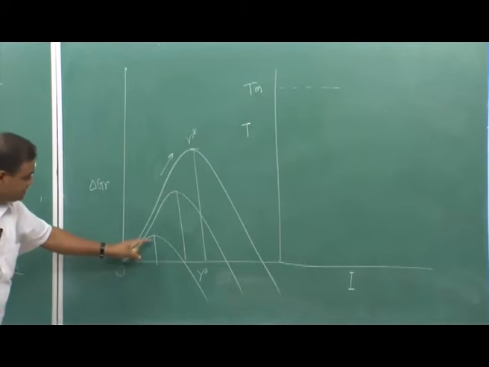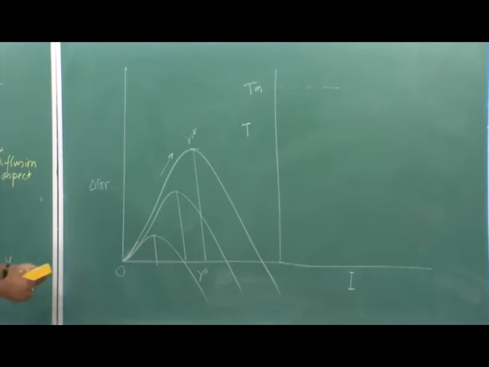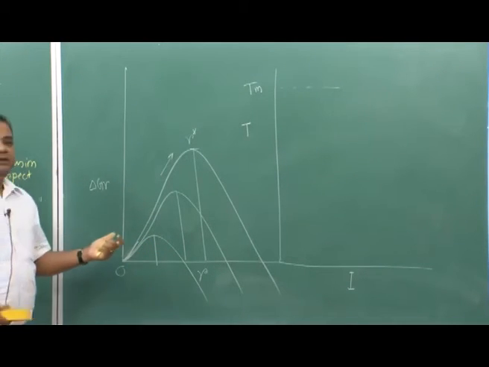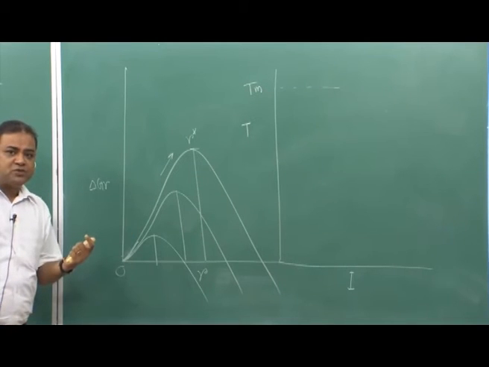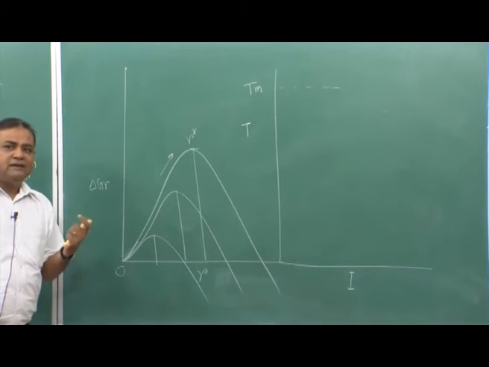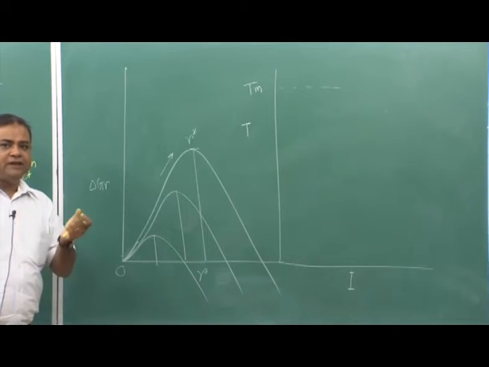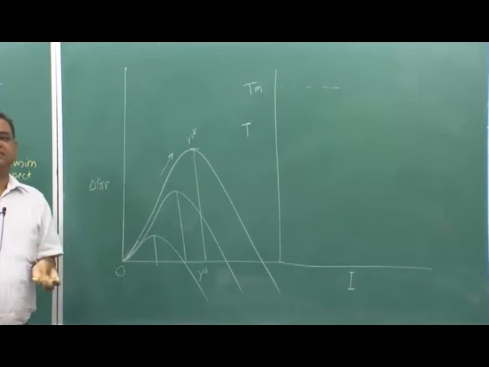Now, as we see that R star is inversely proportional to del T, if we decrease the temperature, R star would decrease, as we have seen in the last graph.